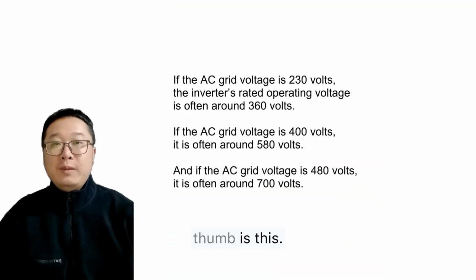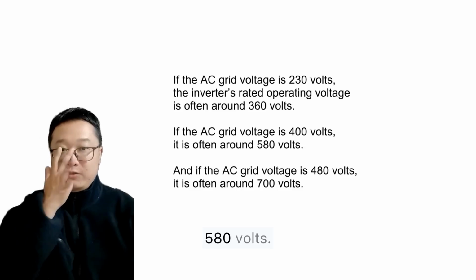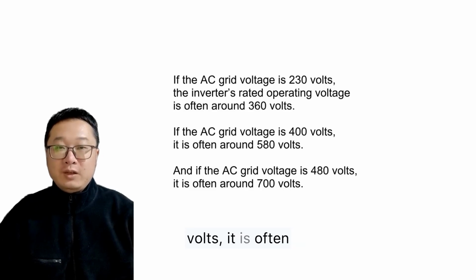A simple rule of thumb is this. If the AC grid voltage is 230 volts, the inverter's rated operating voltage is often around 360 volts. If the AC grid voltage is 400 volts, it is often around 580 volts. And if the AC grid voltage is 480 volts, it is often around 700 volts.